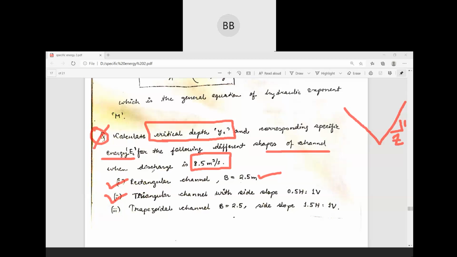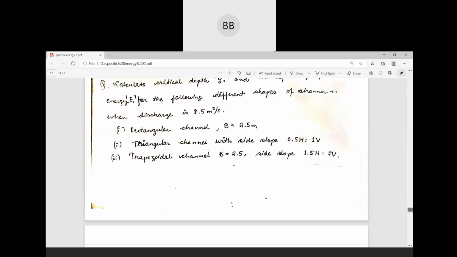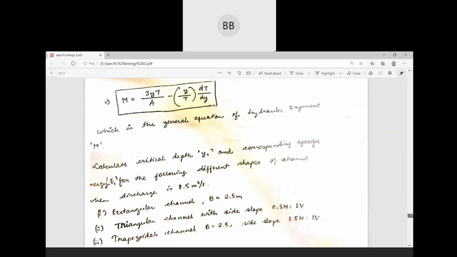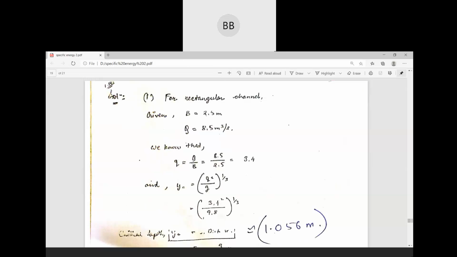So first you consider the rectangular channel. This type of numericals we have already solved. So you have to find out the critical depth first, that is YC. Then you need to find out the corresponding specific energy. For rectangular channel, width of the channel is given, that is 2.5 meter, discharge is 8.5 meter cube per second.